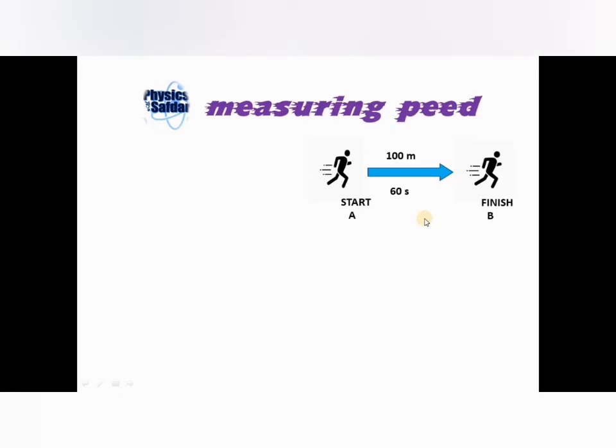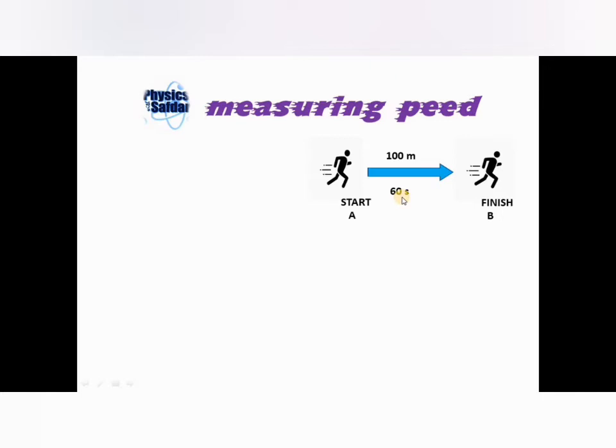Now you will see how to calculate the speed of moving objects. Look at this example. A sprinter at position A starts his race and finishes at point B. He covered a distance of 100 meters and takes 60 seconds for that.